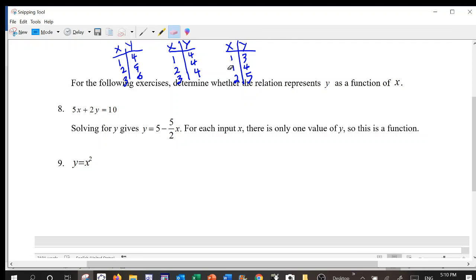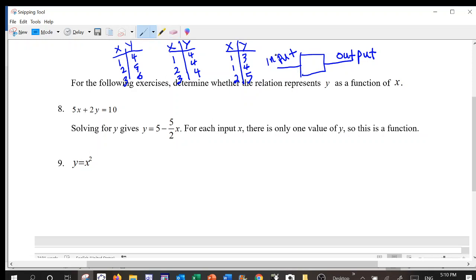But the ones that are useful for us are the ones that we can write this way. We have a situation where we have input, and then we have output. So what we like is a relation that works for this.